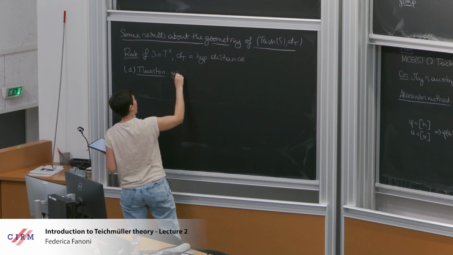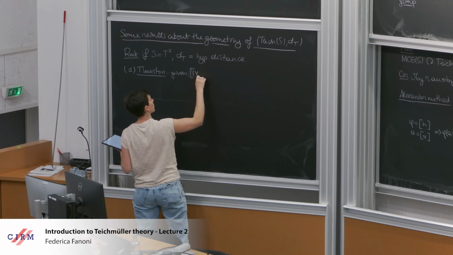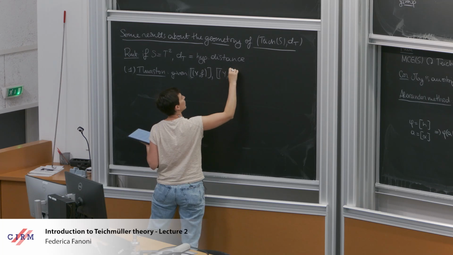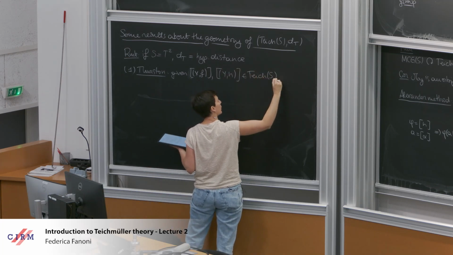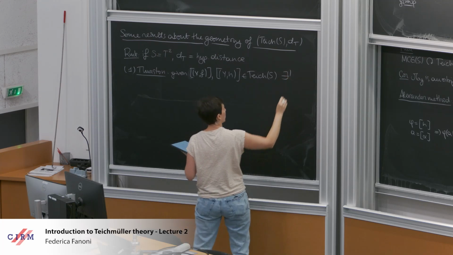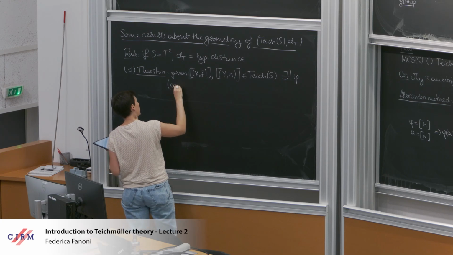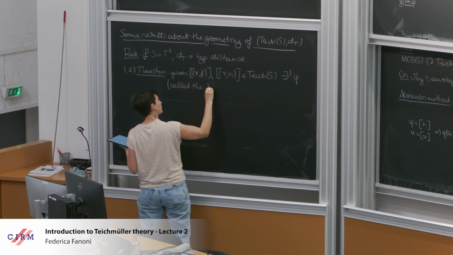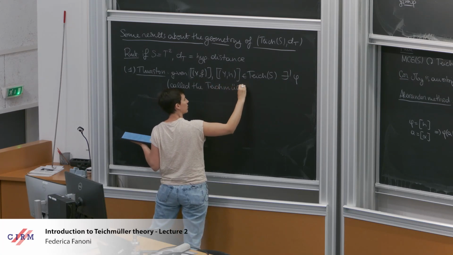So if I have 2 points in Teichmüller space, then there exists a unique map phi, which is called the Teichmüller map, which realizes the infimum there.